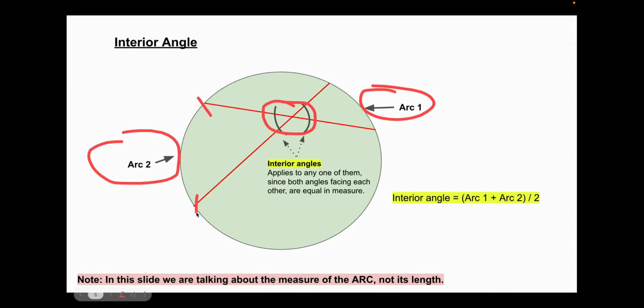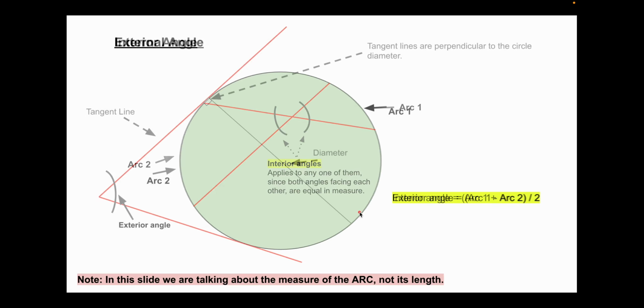One arc that goes all the way from here to here, and another arc that goes all the way from this point to this point. And the formula of the angle, this angle or this angle, which are equal, is equal to arc 1 plus arc 2, or arc 2 plus arc 1, divided by 2.